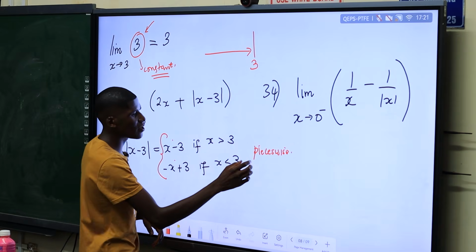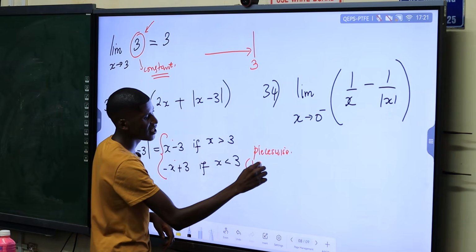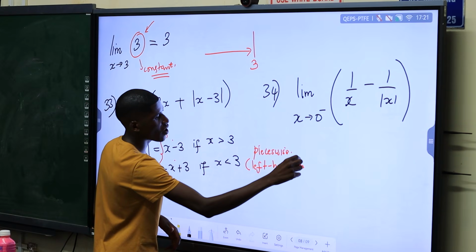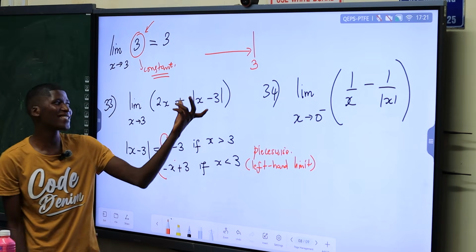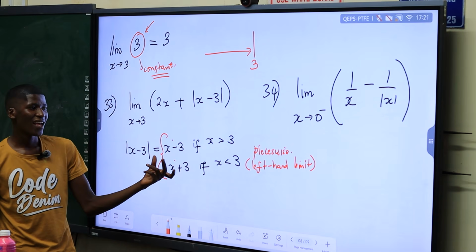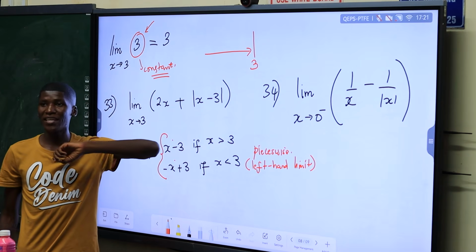So this one will help you to determine the left hand limit. Instead of writing the absolute value sign, you will write minus x plus 3 if you want the left hand limit.